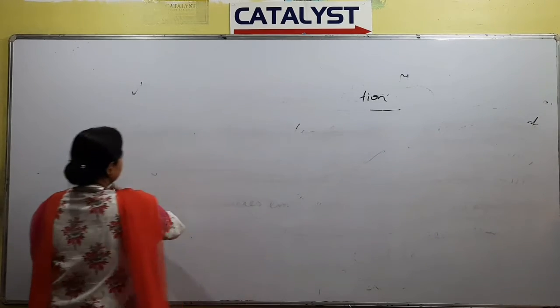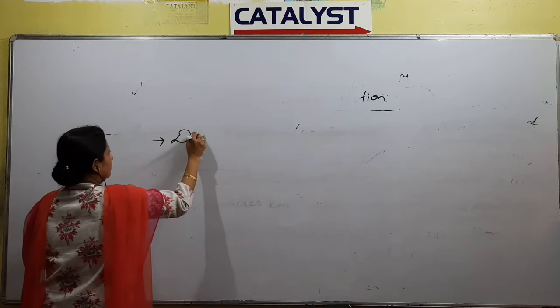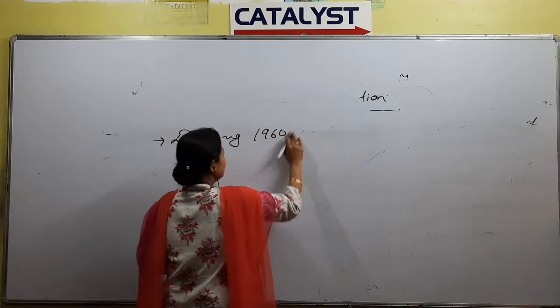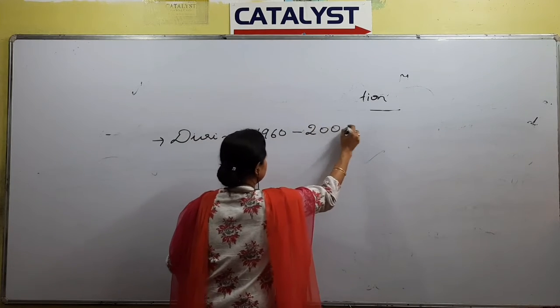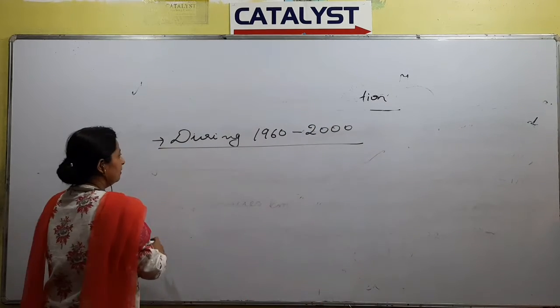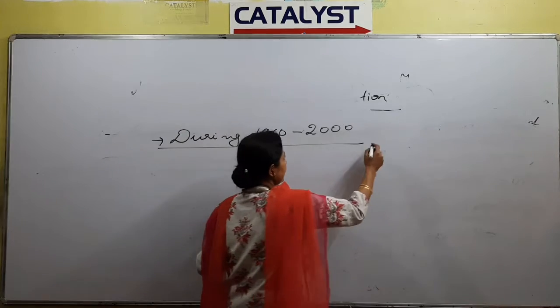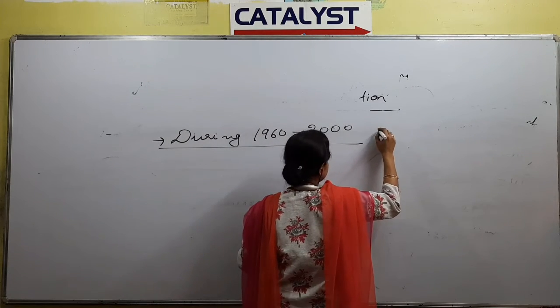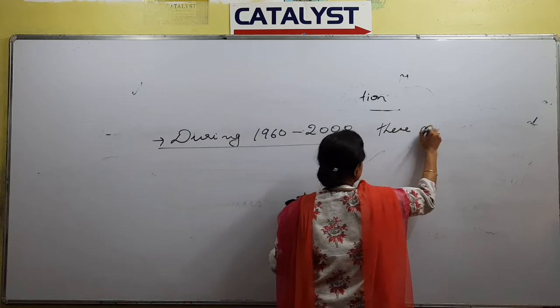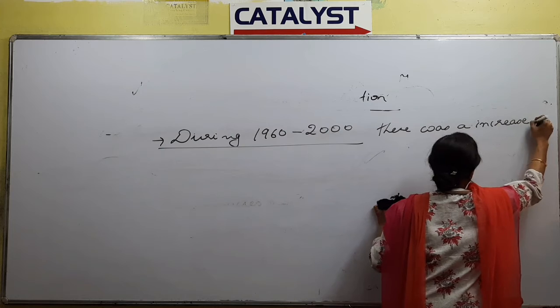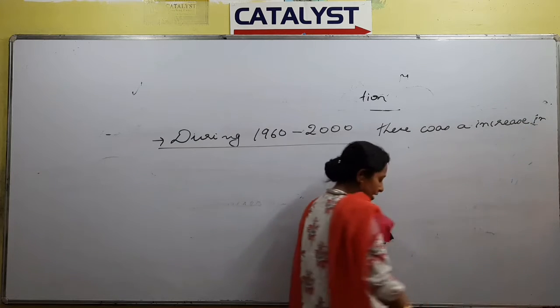Next point. During 1960 to 2000, another figure that you need to remember, there was an increase in the production of wheat and rice.